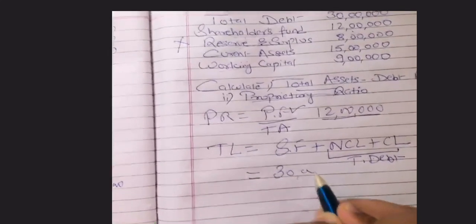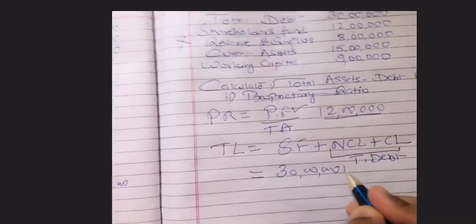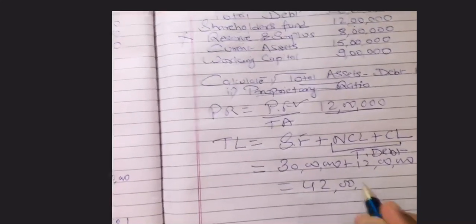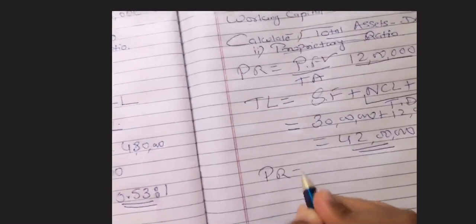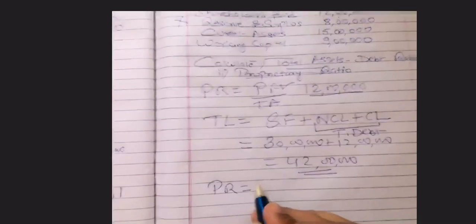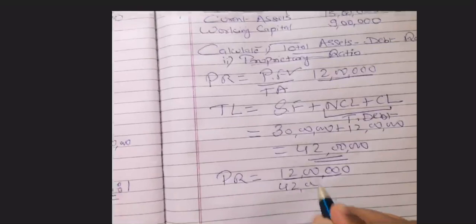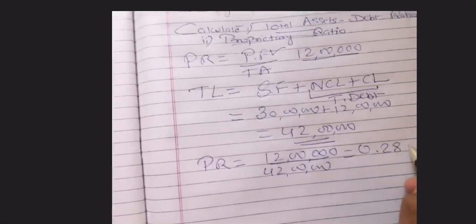So it is 30 lakh plus shareholders fund 12 lakh, so it will be 42 lakh. Then proprietary ratio is equal to proprietor's fund 12 lakh upon 42 lakh. So 12 lakh by 42 lakh will give you 0.28:1.